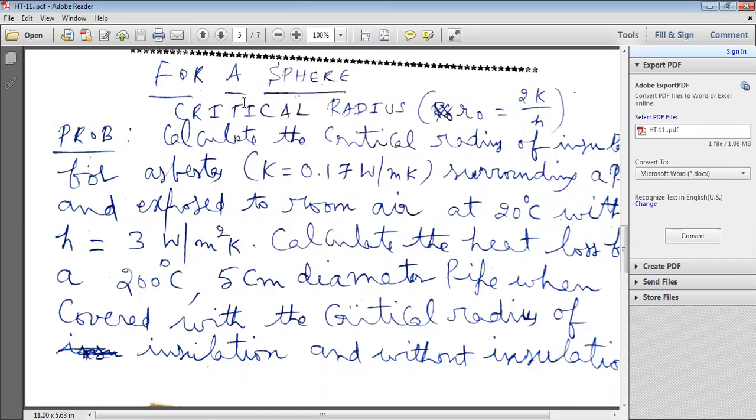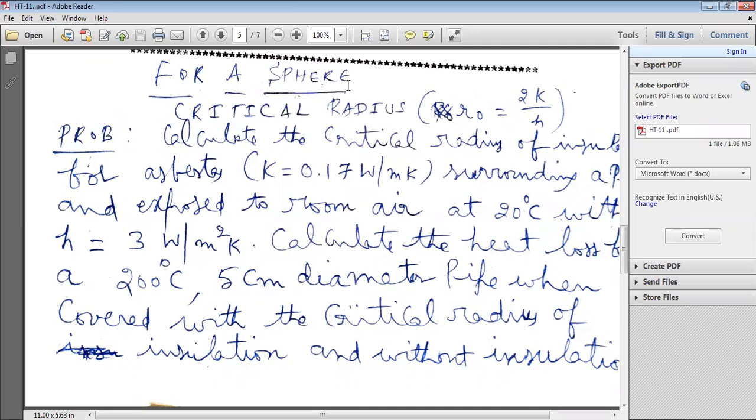For a sphere, the critical radius Ro, how do you calculate it? The derivation I'm not giving now. Refer to the textbooks, or solve it on your own. For the cylinder, I gave the derivation for critical radius Ro, that is k by h.